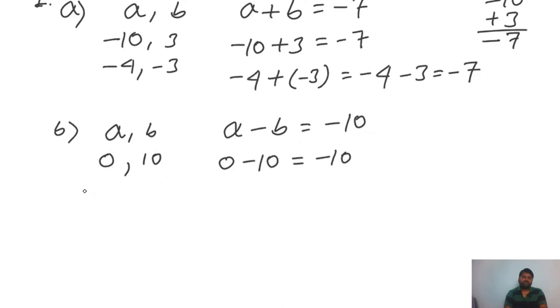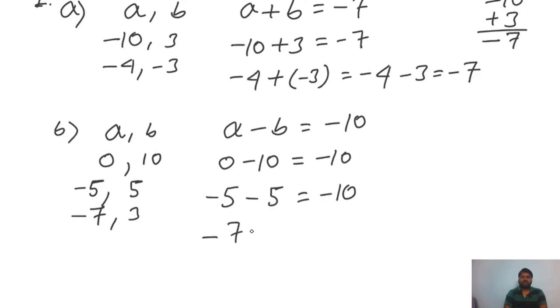Suppose a minus b equal to -10. So here we can choose -5 and 5. a is -5 and b is 5, that means -5 minus 5, this is -10. We can also choose -7 and 3, and we get -7 minus 3, that means -10.